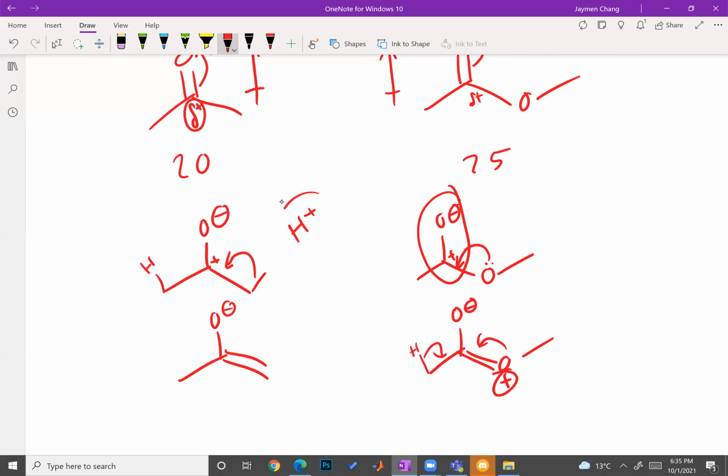Because it's essentially taking away a proton. But here, if it's already satisfied, it doesn't really need these extra electrons, and this doesn't really have anywhere to go. Of course, it actually still does go like this. However, it is less likely. Does that make sense? Why it's less likely? It has to do with stability, a stability argument.